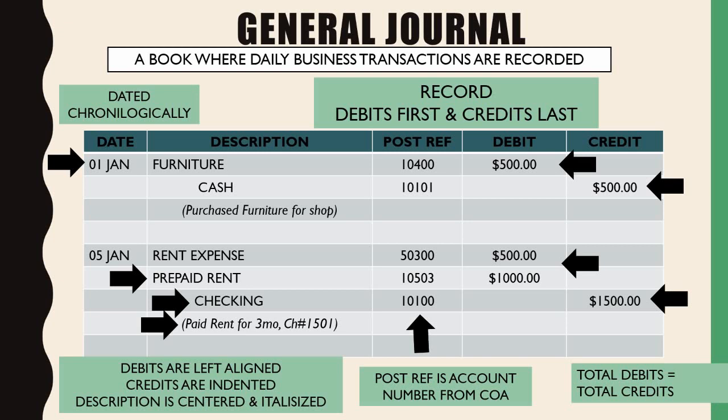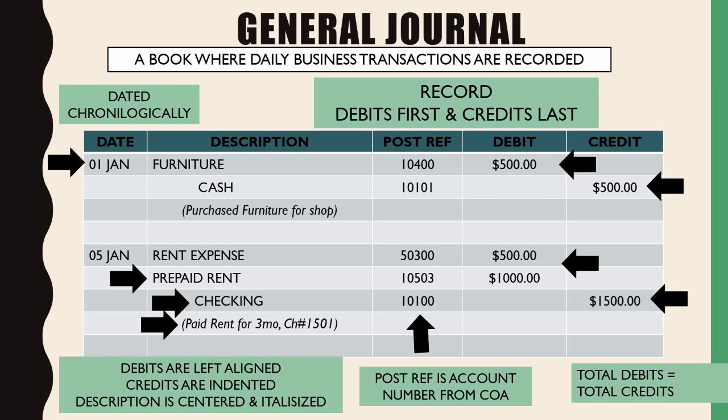All right, now the first rule of thumb here is you always want to start with the date, because when you're dealing with a transaction, the first thing you have to do is place every transaction in chronological order. Meaning that the day it happened is the day you record it in the book.